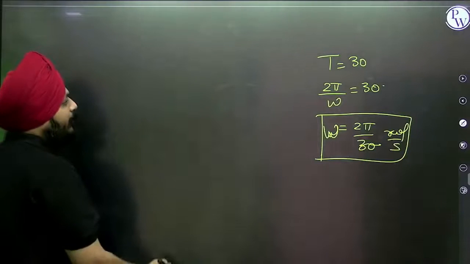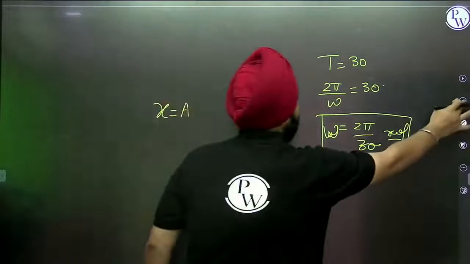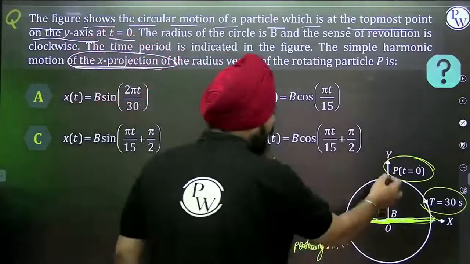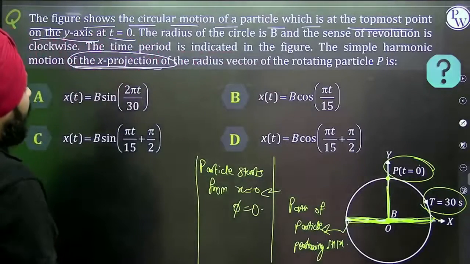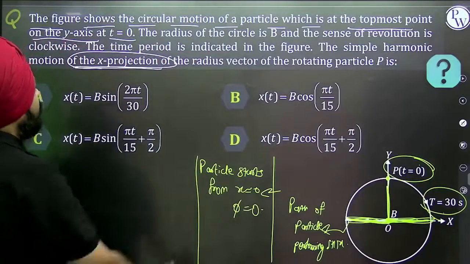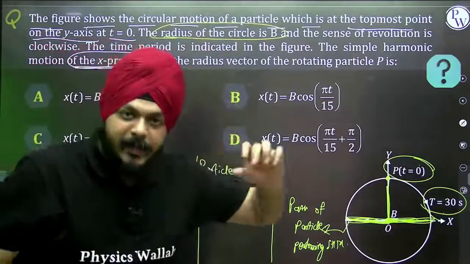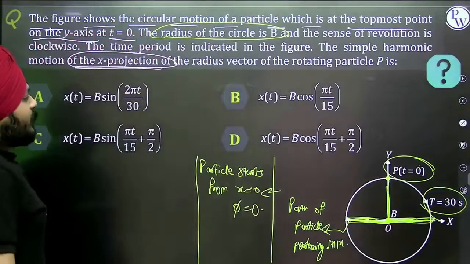Now, if I want to represent this equation, x is equal to a. Now, what is the max displacement? It is given as b. You can see the radius of the circle is its amplitude and it is the max displacement. The initial phase is 0.